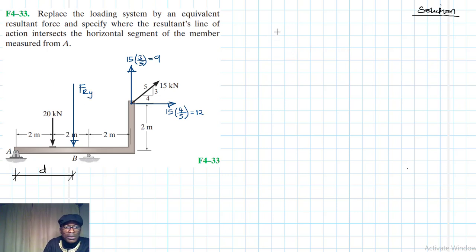Okay, so we know that FRY times D is supposed to be equal to the summation of moments about point A.